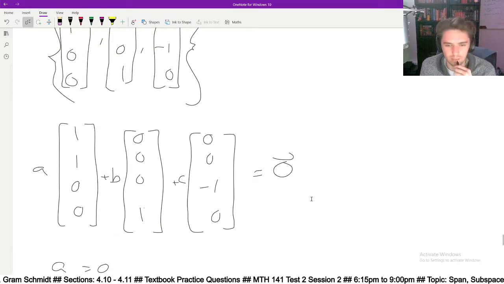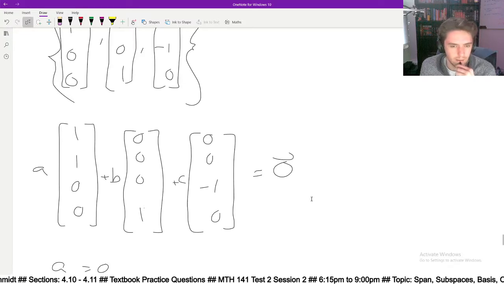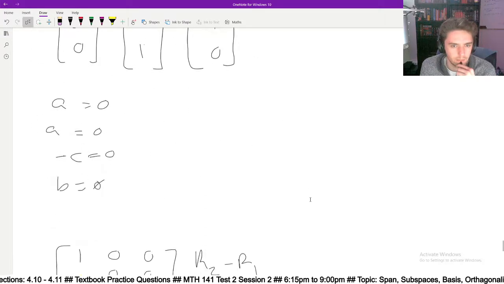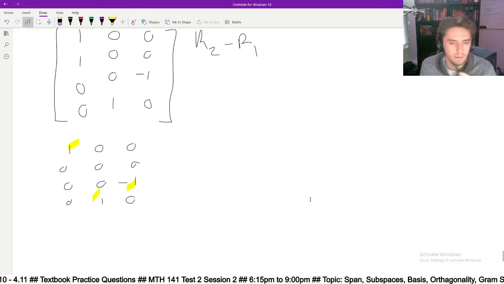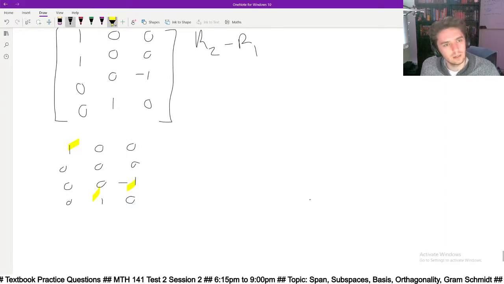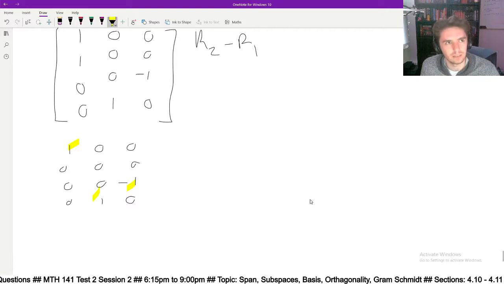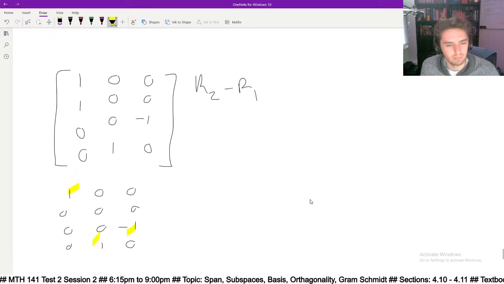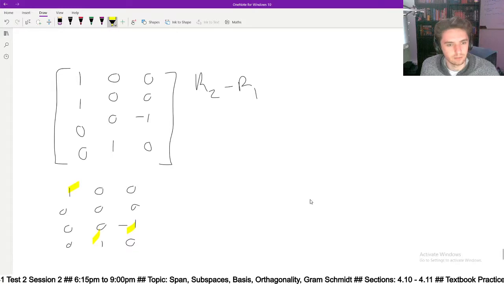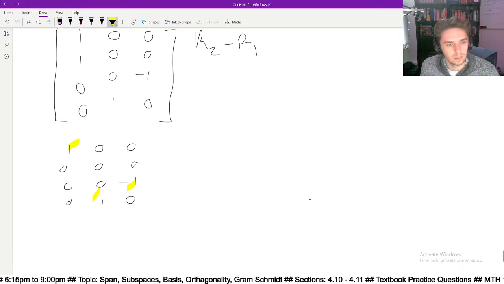Not at all the result I was expecting. Yeah, but all that means is it means something with the column space, right? It means the column space is 3-dimensional instead of 4-dimensional, but that's all that means. Right.